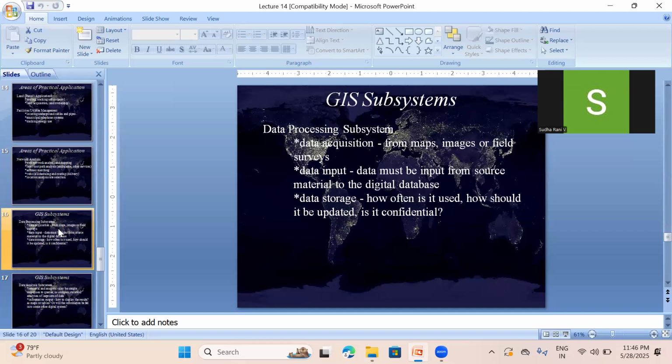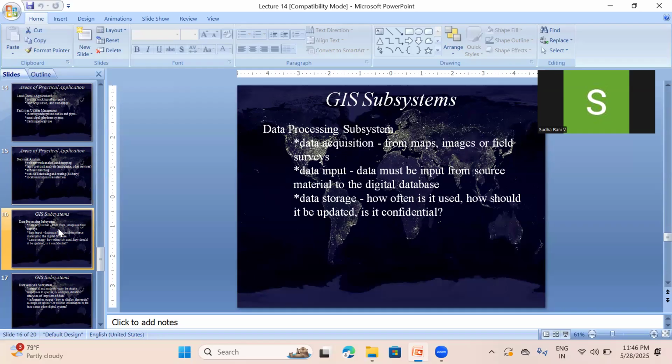GIS subsystems: data processing subsystem, data acquisition from maps, images or fields, field surveys, data input. Data must be input from source material to the digital database. Data storage: how often is it used? How should it be updated?